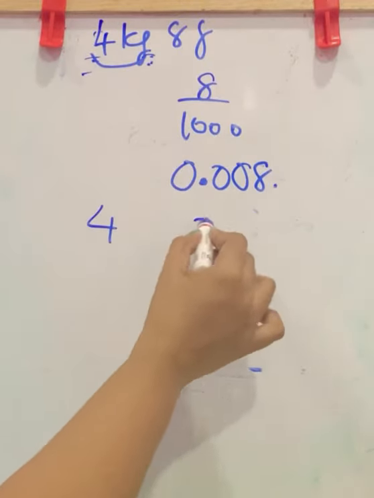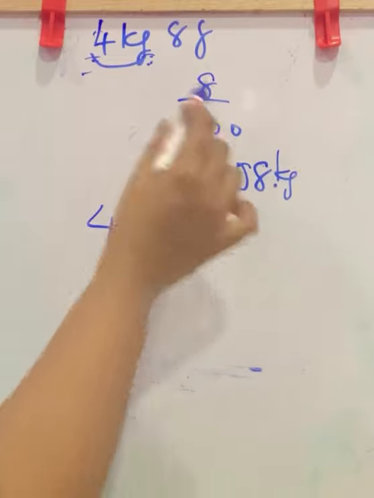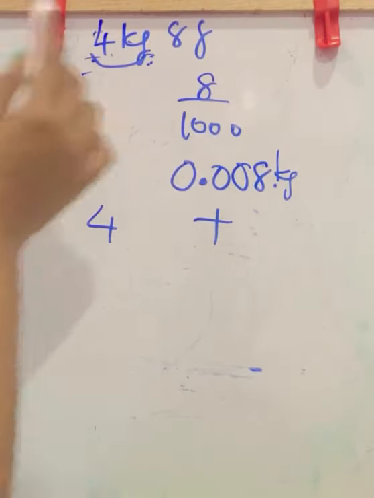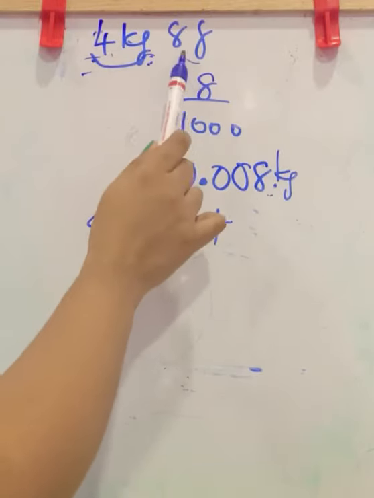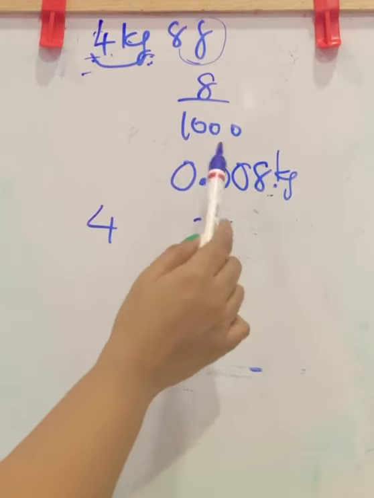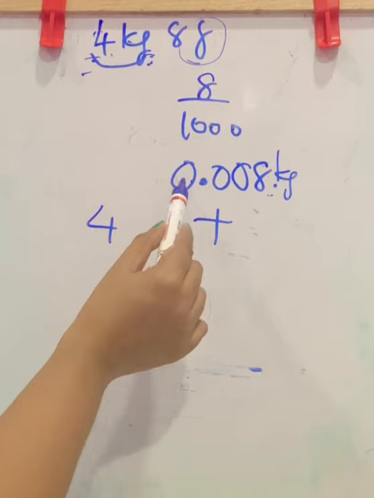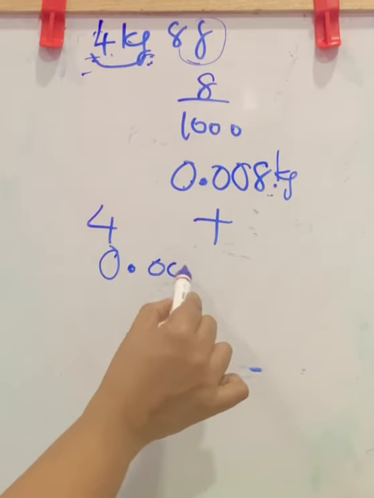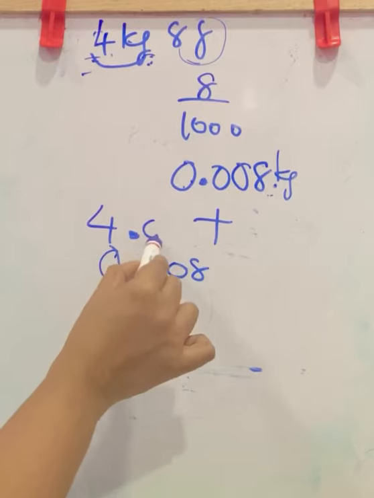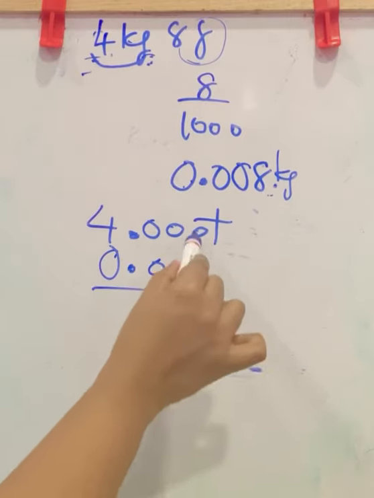That is 4 kilogram plus this much kilogram. You can't add kilograms with grams. You can only add kilograms with kilograms. That is why we converted this gram to kilogram. Now write the unit place of the whole number under 4, 0.008. Now if you want, you can put zeros here.